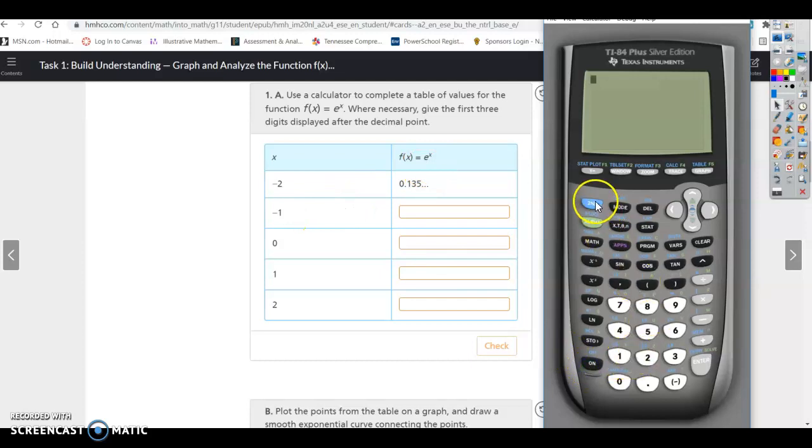So the first thing I'm going to do is find my e. So e raised, because it's an exponential function, e raised to the negative 1 power. And then enter. So where necessary, give the first 3 digits after the decimal point. Okay, so 0.3678, that's probably going to round to 0.368.